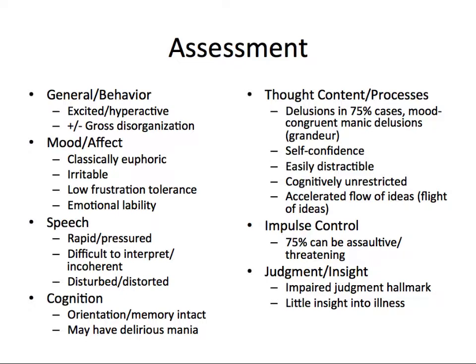They're cognitively unrestricted and demonstrate accelerated flow of ideas or flight of ideas. Classically, the bipolar patient has poor impulse control, and 75% of these patients can be assaultive or threatening. Impaired judgment is a hallmark characteristic of bipolar disorder, and these patients often have little insight into their illness.